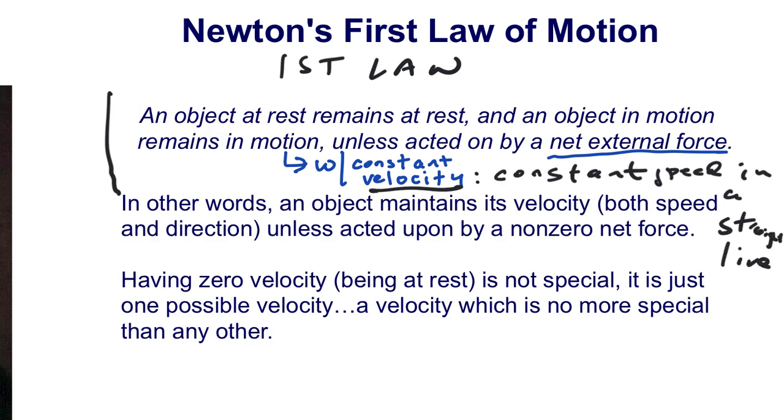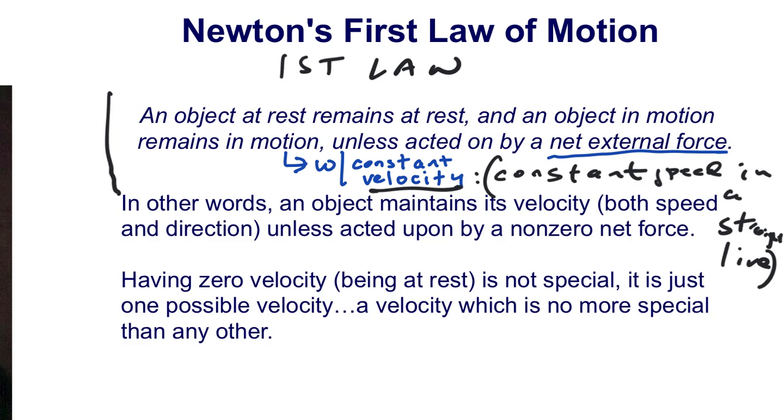So an object at rest will remain at rest. An object in motion will remain in motion with constant velocity, meaning constant speed in a single direction in a straight line.